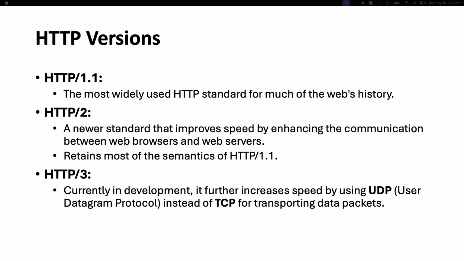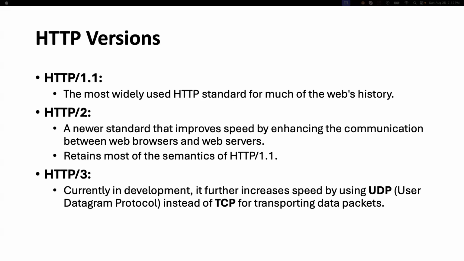Let's talk about different versions of HTTP. For most of the web's history, HTTP 1.1 has been the standard. It has served us well, but it has some limitations, especially in terms of speed. More recently, HTTP 2 has been adopted by many websites to address these speed concerns.